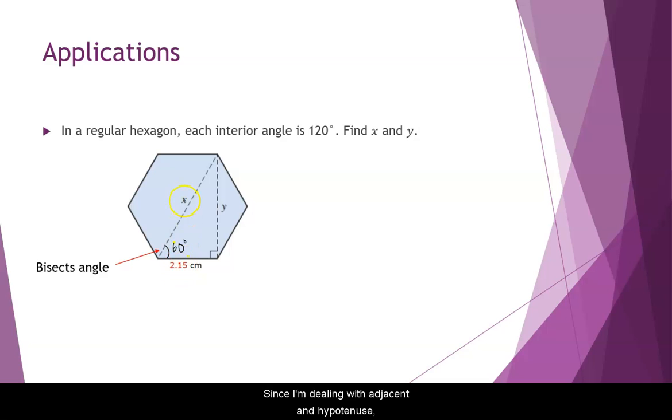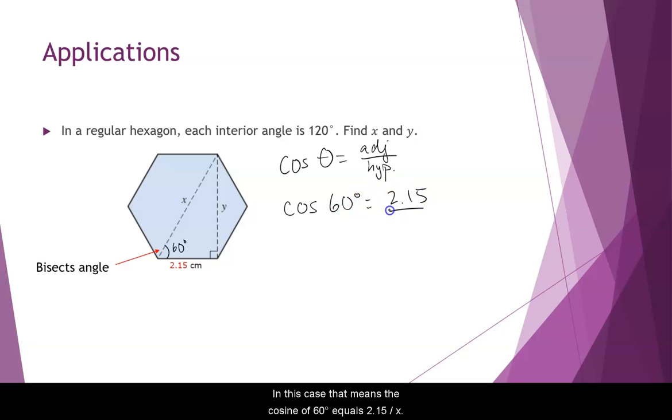Since I'm dealing with adjacent and hypotenuse, the trig function I want to use is cosine. Cosine of some angle equals the adjacent divided by the hypotenuse. In this case, that means the cosine of 60 degrees equals 2.15 divided by x.